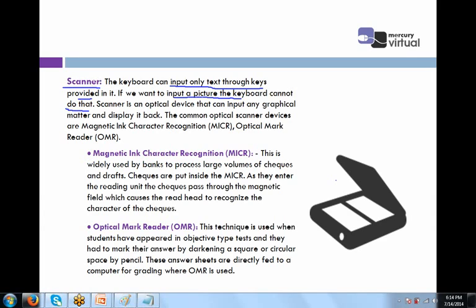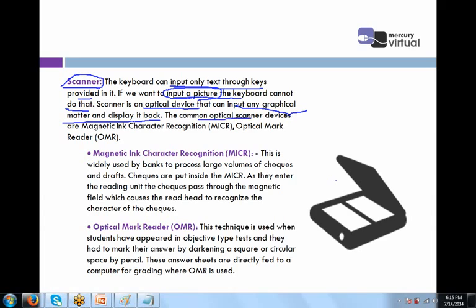In the same way, inputting a picture is done by the scanner. A scanner is an optical device that can input any graphical matter and display it back. We can simply put the paper on the scanner, and it converts it into soft copy, into 0-1 form.